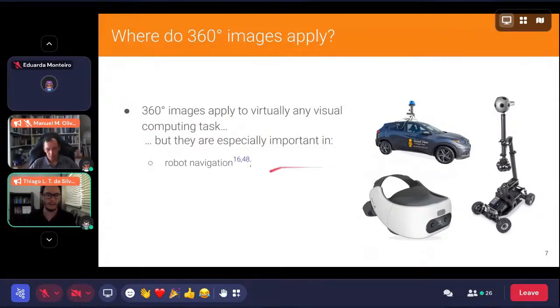Some of them are robot navigation, so we can understand that a robot that sees everything can navigate in the scene with much more safety and do what it is meant to do. Also, we can think about surveillance. We have one camera that doesn't need to choose where to look, but sees everything all the time. We can also think about autonomous driving systems.